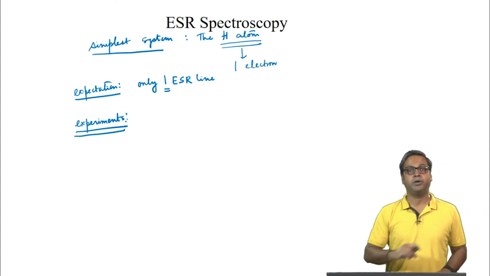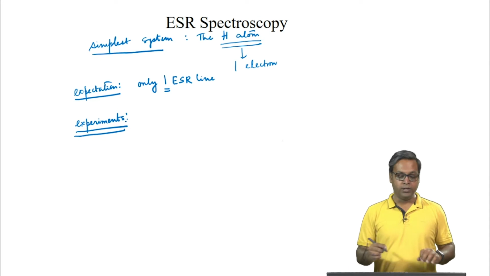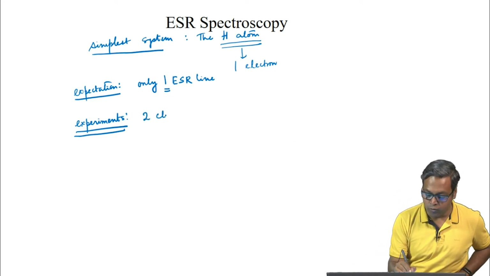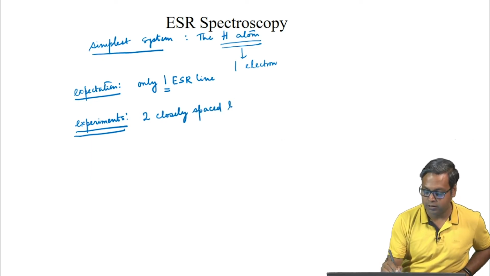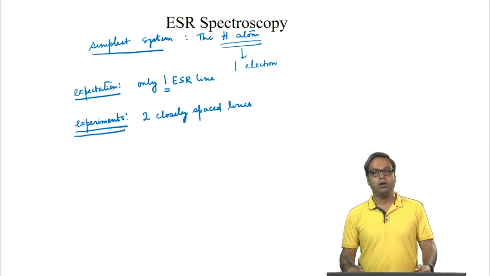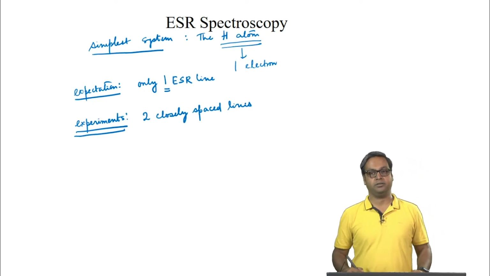these experiments predict that the ESR signal of the hydrogen atom consists of two closely spaced lines. Now you may ask, instead of one, how come we have two closely spaced lines?